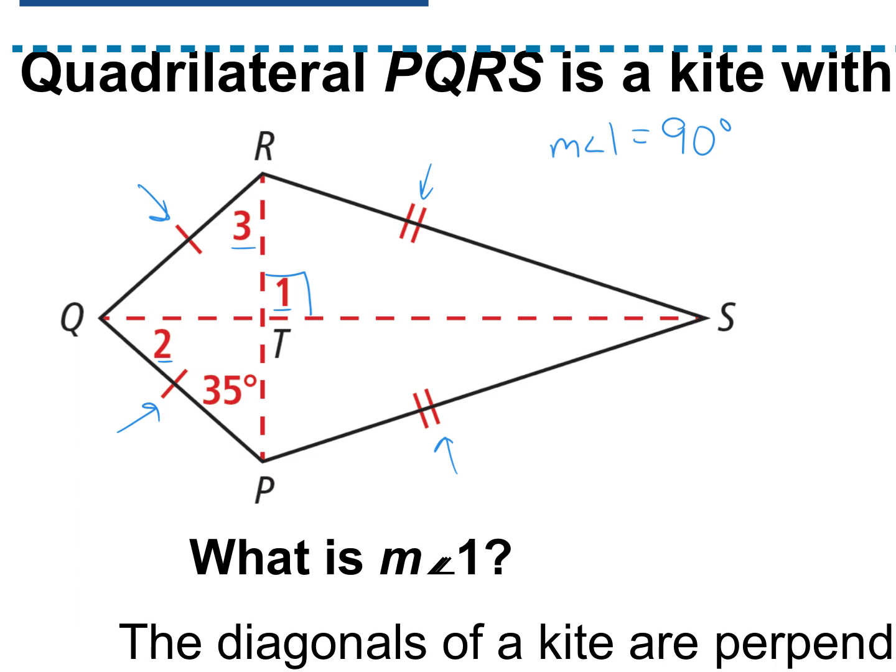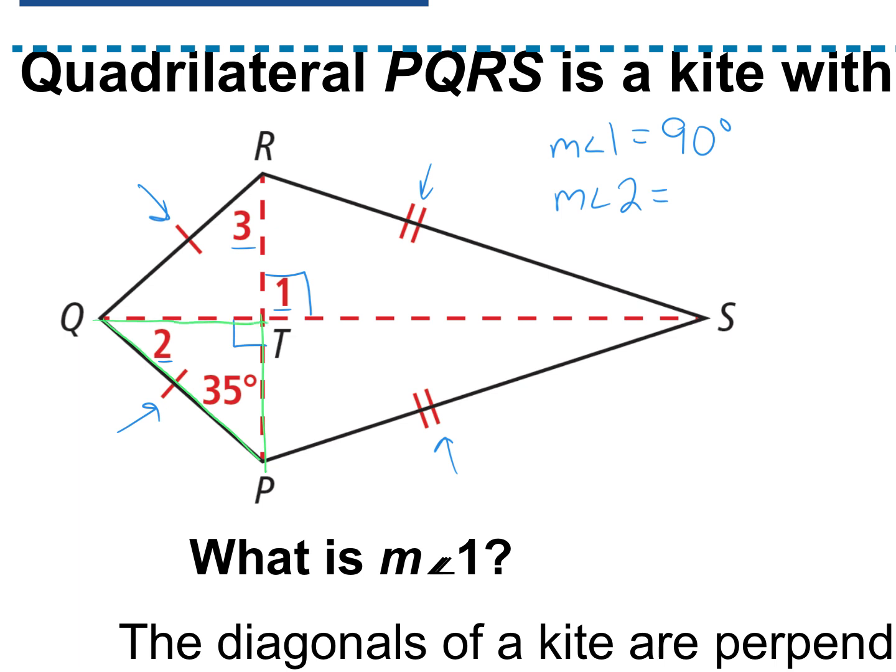Good. How can we find the measure of angle 2? Where'd you get that from? Right. Remember all of these are 90 degrees. What you are going to want to notice often is that it creates triangles.